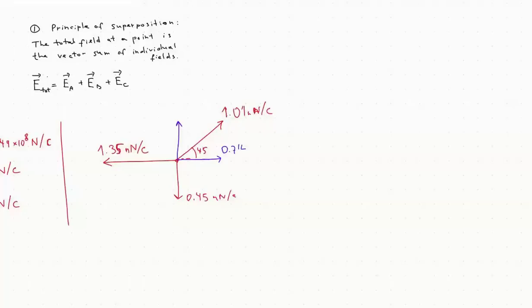And then we forget about this one, and now we find the total. 0.714 minus 0.45, the resultant upwards is 0.264, and the resultant to the left is going to be 1.35 minus 0.714, 0.636.